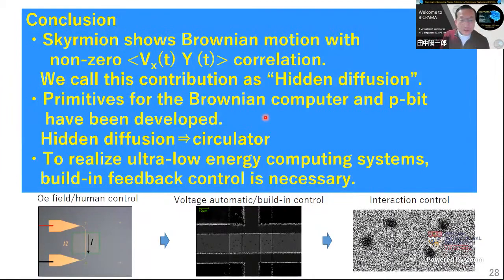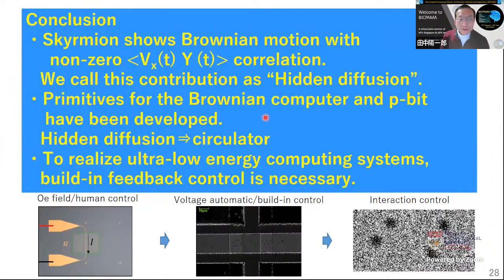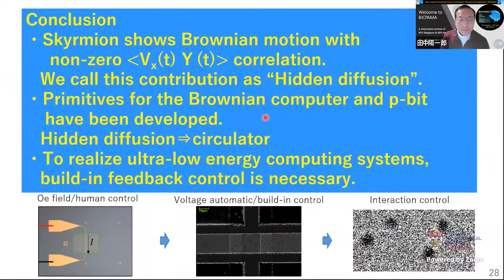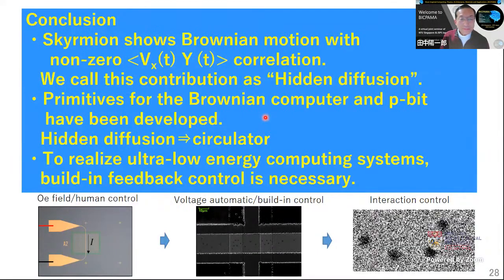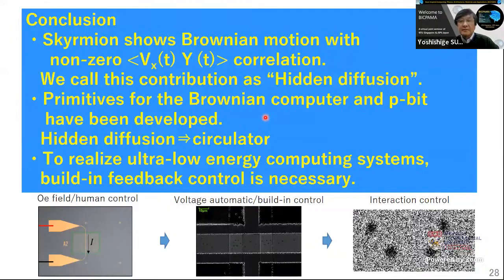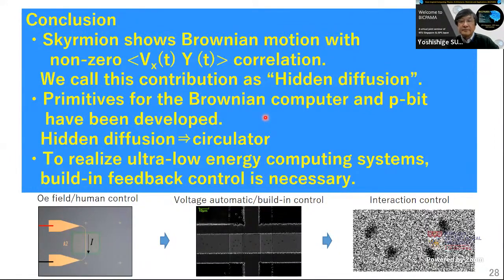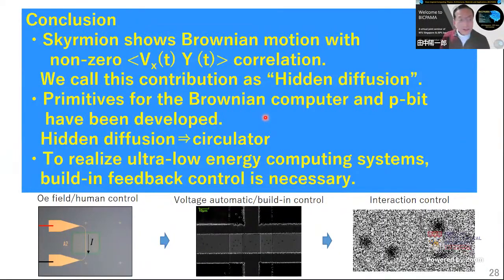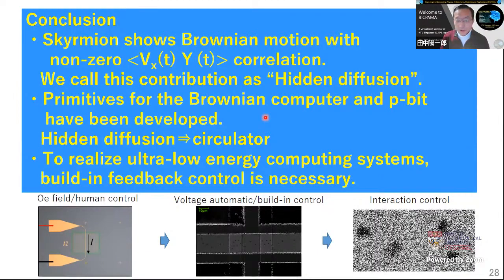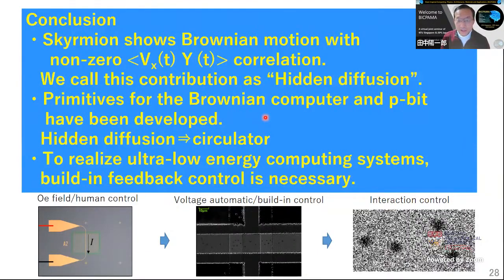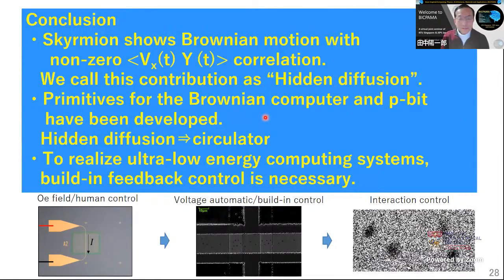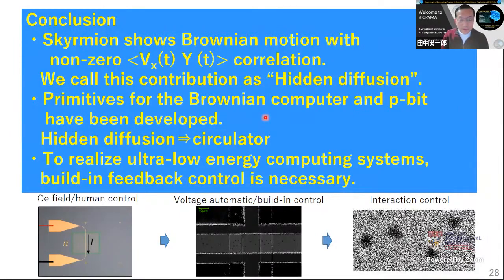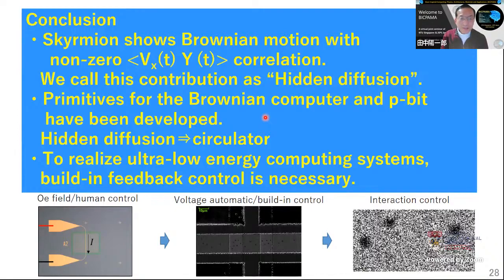Very much interested in the extremely low power device, like a brain. But looking at the p-bit picture that you show in the last slides, the motions are more like probabilistic. It's Brownian motions.